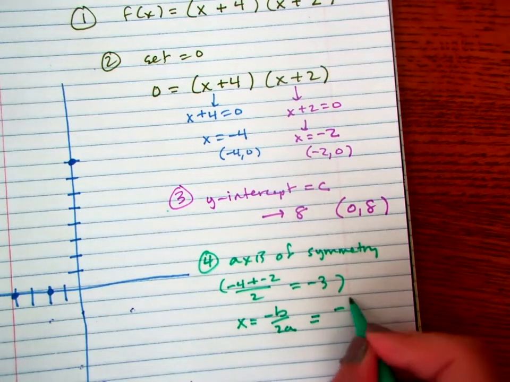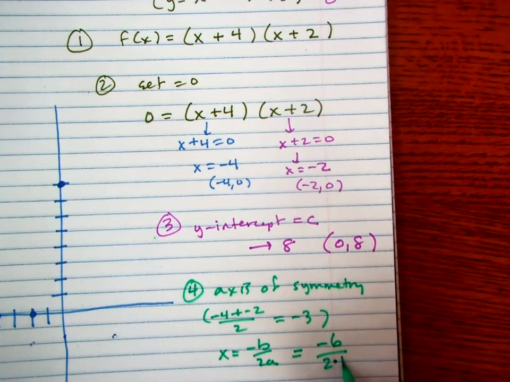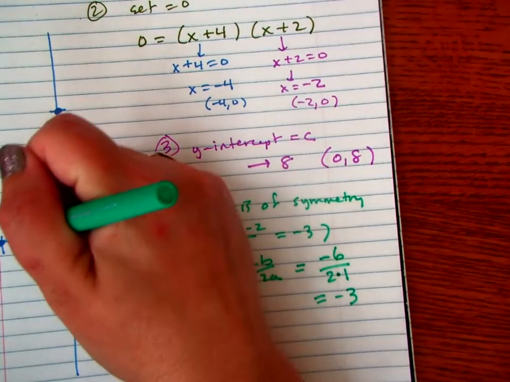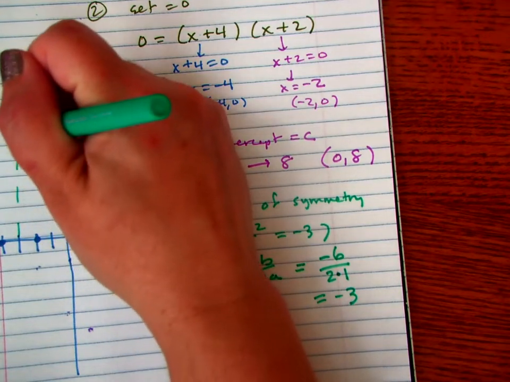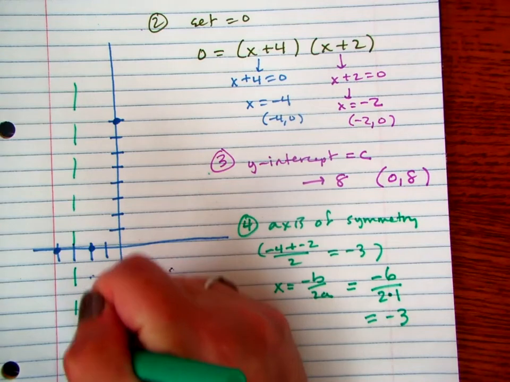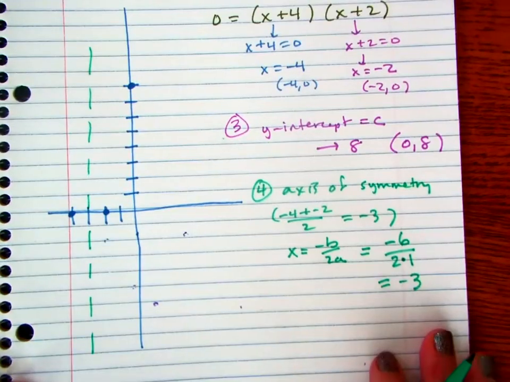Plugging in, negative b would be negative 6 over 2, and since we've only been graphing ones that have a values of 1, that would also be negative 3. So my axis of symmetry is right through here. I'm just drawing a line right down the center there.